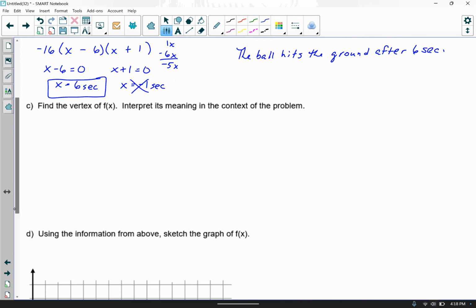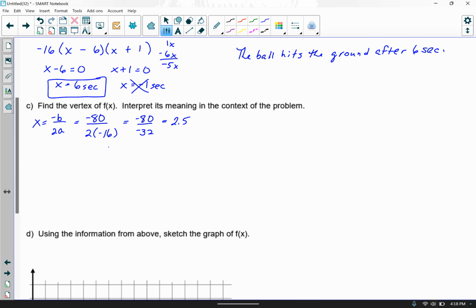Part C wants us to find the vertex and interpret its meaning. So to find my vertex, x equals opposite b over 2a. So opposite b, negative 80 over 2 times a, so 2 times negative 16. So negative 80 divided by negative 32, that'll give me 2.5.